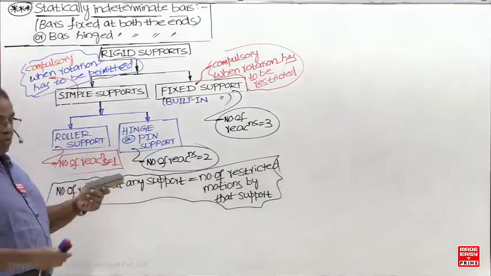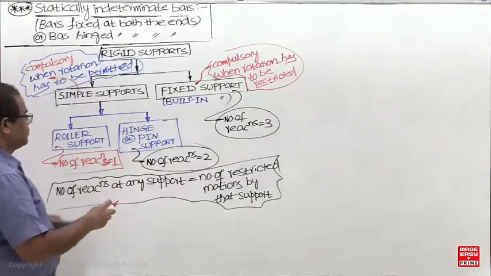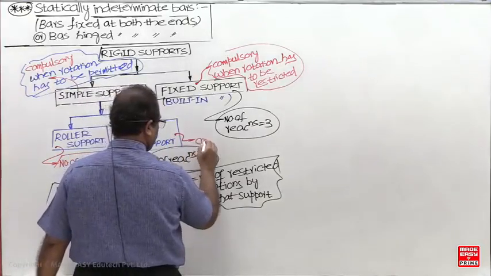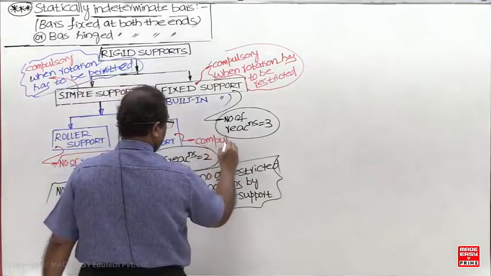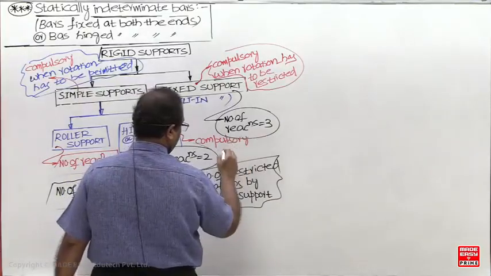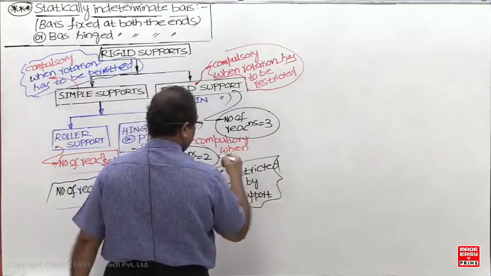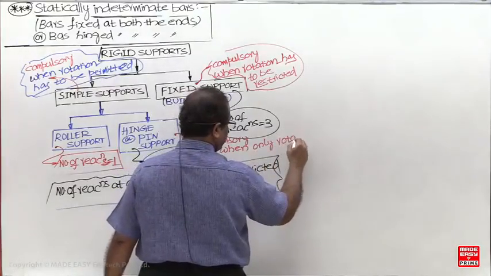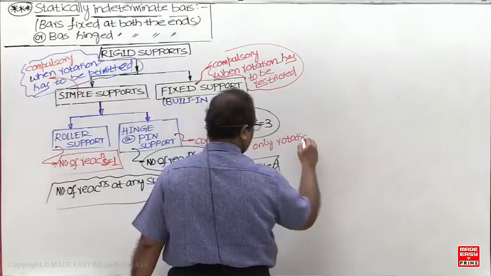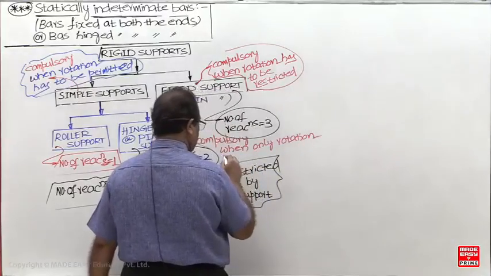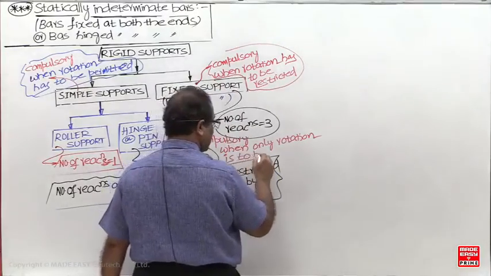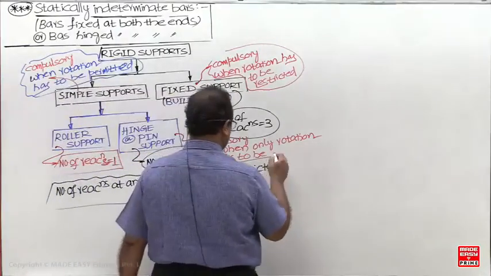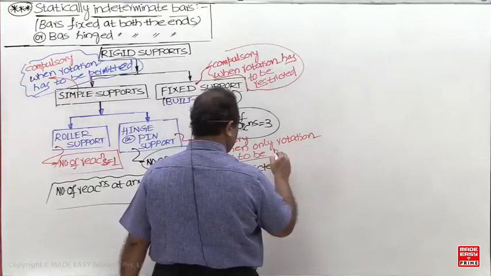Then you can go for only a hinge support, when only rotation has to be permitted, that is, both vertical and axial motion are to be restricted.